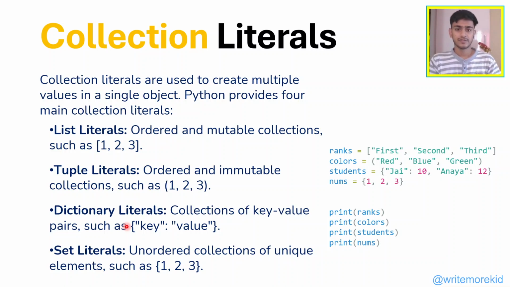Now we will focus on these ones. That is list literals, tuple literals, dictionary literals, and set literals. So these are four data types for now, which we will be learning in the remaining lectures. We won't go in depth on these today because they have multiple methods which you can use over them.